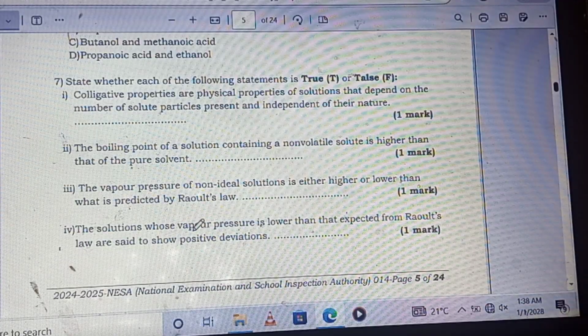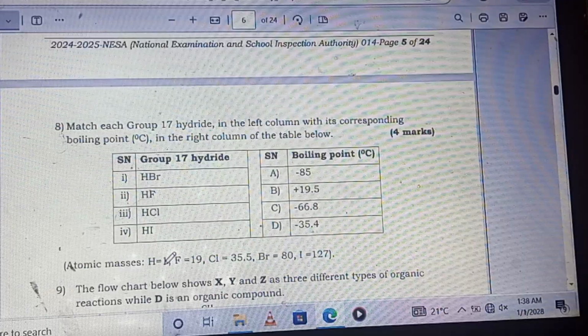I4, the solutions whose vapor pressure is lower than that expected from Raoult's law are said to show positive deviations. This statement is false because lower is not a positive deviation. The correct term is negative deviation.